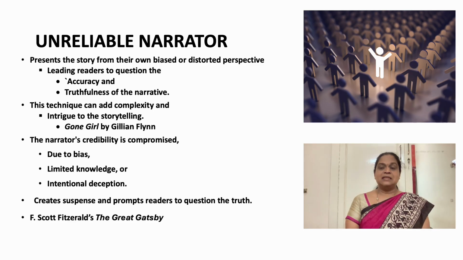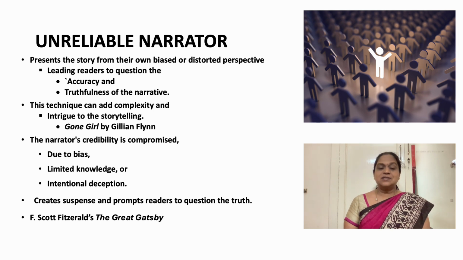Then you have the unreliable narrator, who presents the story from his or her own biased or distorted perspective. That leads the readers to question two things: the accuracy and truthfulness of the narrative. This technique can add complexity and intrigue to the storytelling, as you find in Gone Girl by Gillian Flynn.